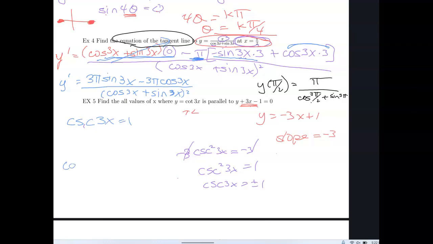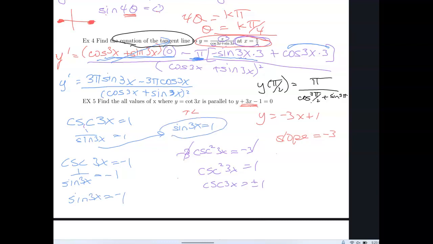And I'm also going to have cosecant of 3x equaling negative 1. Okay, so you know this is 1 over sine. So this, by cross multiplying, gives us sine of 3x equals 1. This is 1 over sine of 3x equals negative 1. So this gives me sine of 3x equals negative 1.